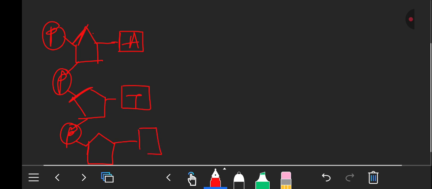Nitrogenous base, let's call this one the cytosine, right? So the other strand will be inverted to be like that. Then we're going to have the phosphate there.